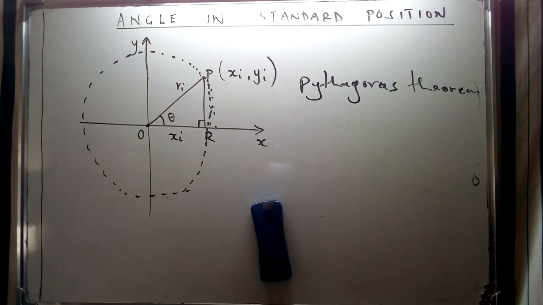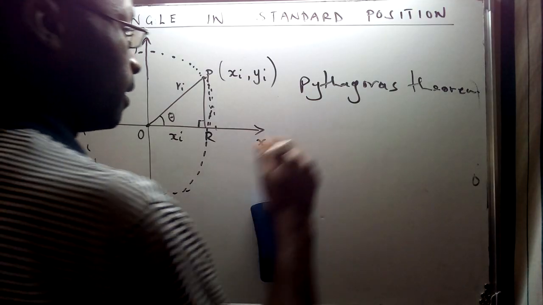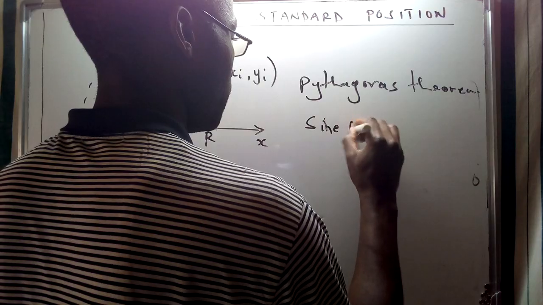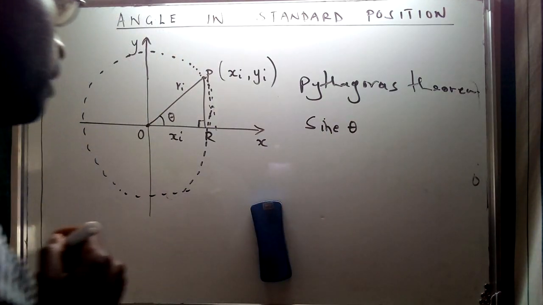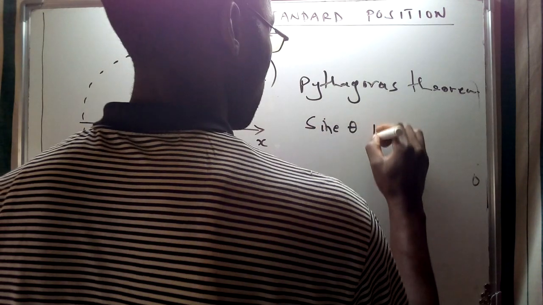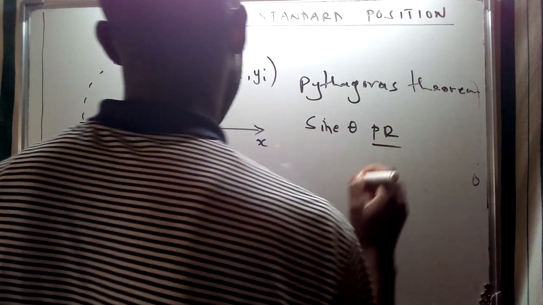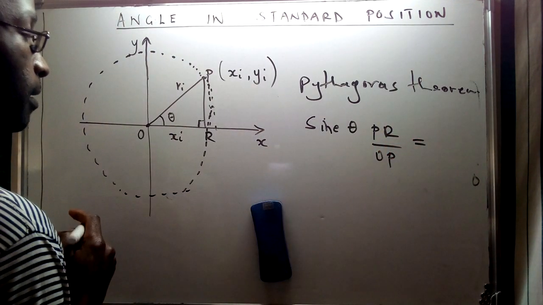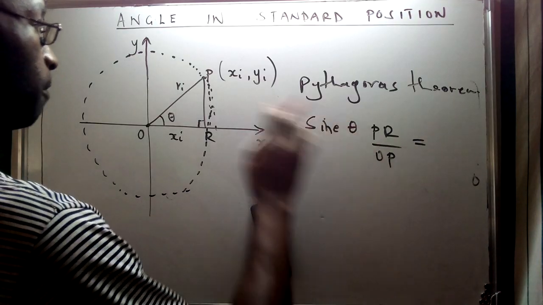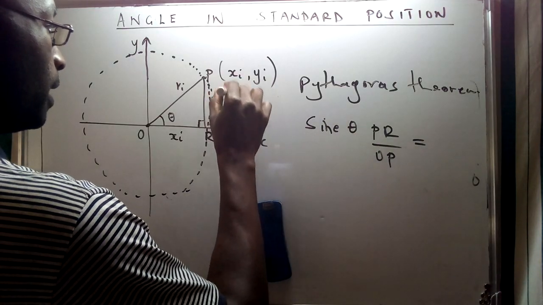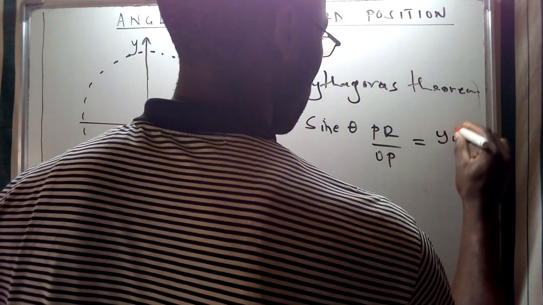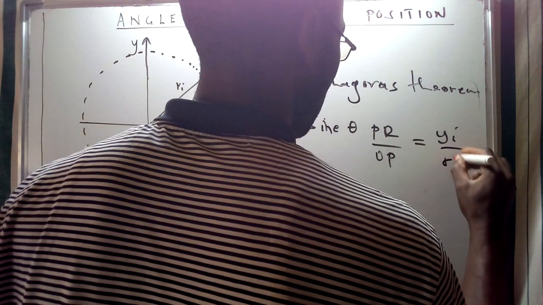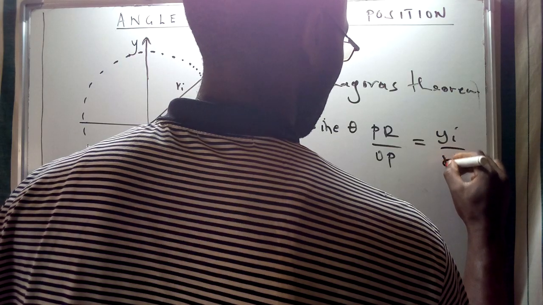basic trigonometric functions, whereby we said that we can define the sine of theta given as PR over OP, which is going to be given in terms of YI over OP, which is RI.